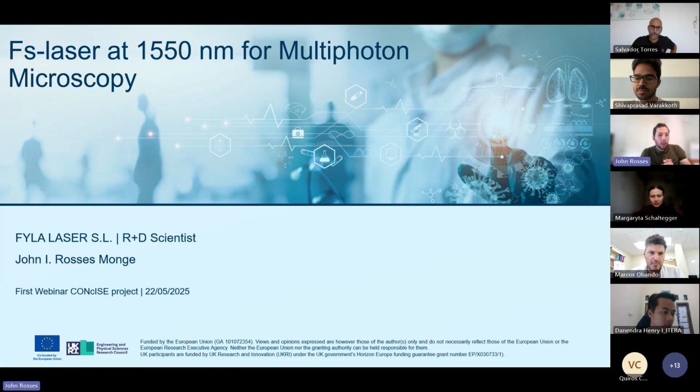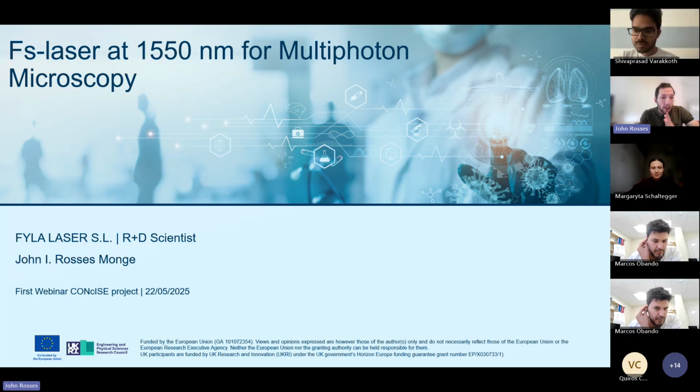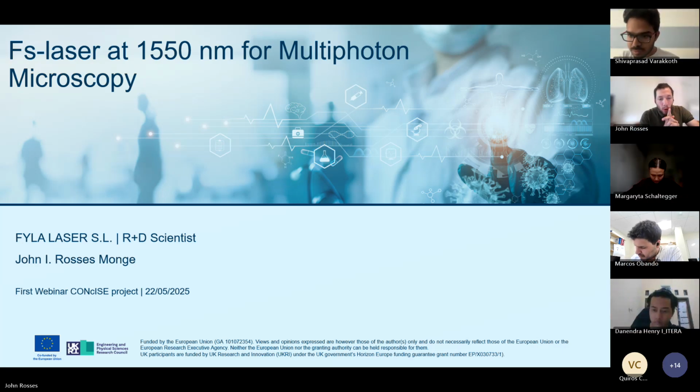So today I'm going to talk about my PhD thesis that is running at this time. I call this presentation femtosecond laser at 1.5 micrometers for multiphoton microscopy.